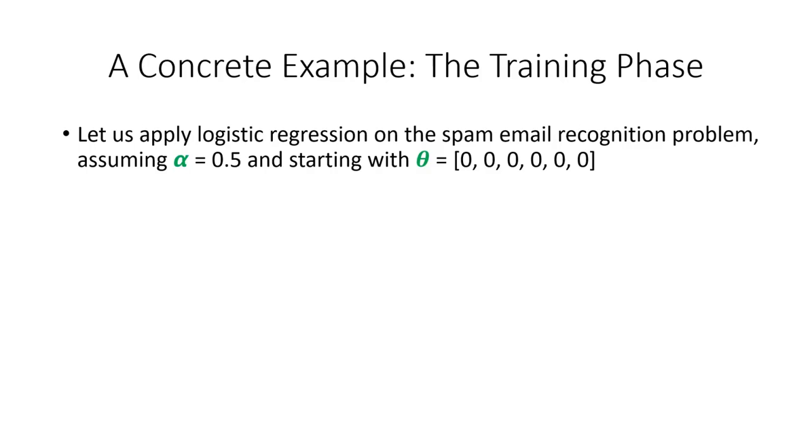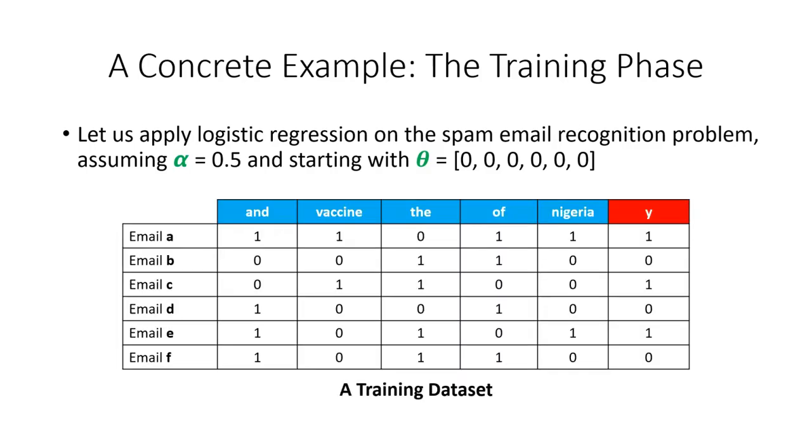Google does further classification too, like ads or primary email. So let's apply logistic regression to the spam email recognition problem, supposing the learning rate is 0.5 and starting with 0, 0, 0. Let's see how it works.